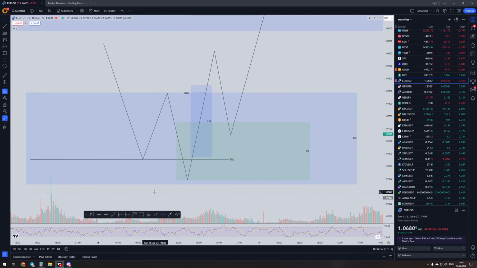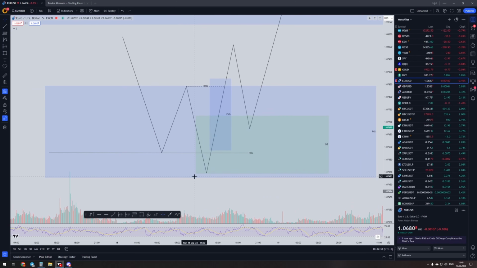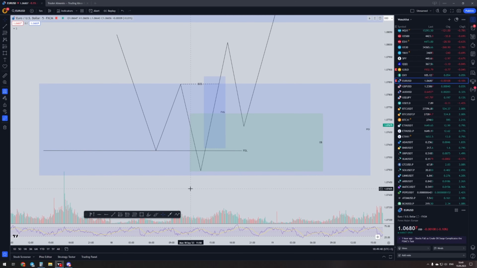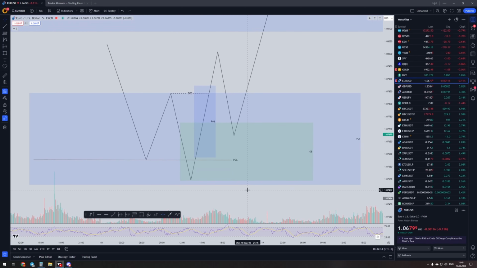It can also happen in our point of interest with a breaker block, etc. All this kind of criteria should be there. If you don't have something, for example you don't have an order block, it's fine. If you don't have a fair value gap, it's questionable.